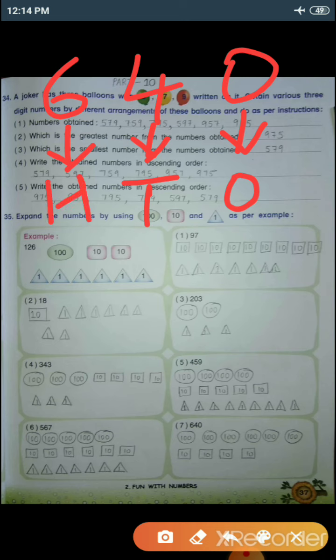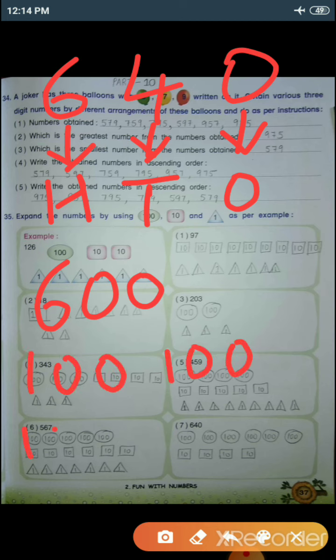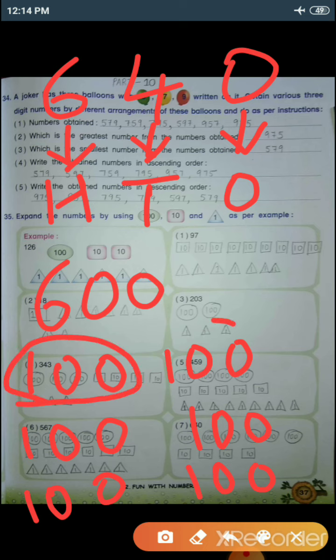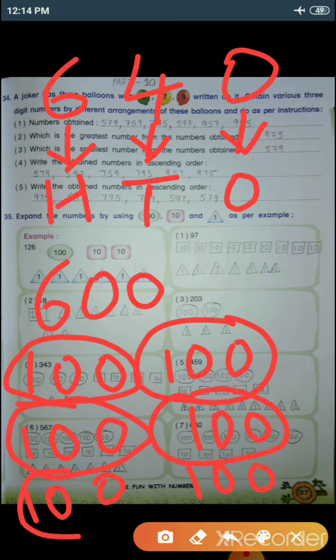Now the value of 6 is 600, so we'll write 100 how many times? 6 times. Very good. The value of 100 is indicated in circle form, so we'll put a circle on it.